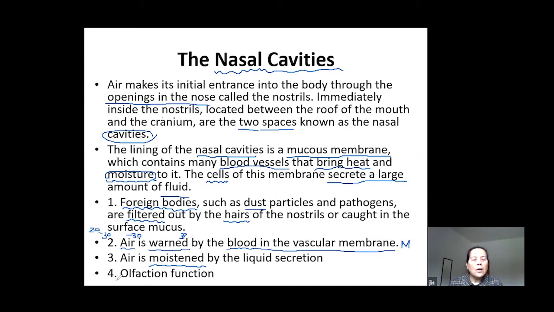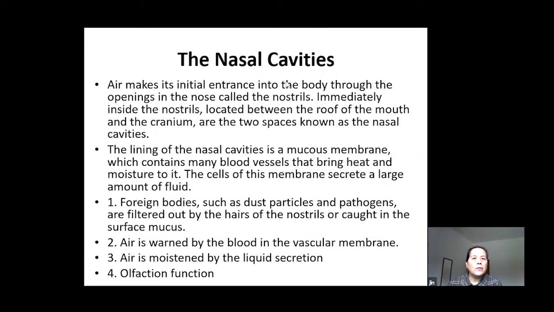And certainly our nose has another special function. People can smell because we have a special kind of cells in the nose cavity, and those special cells have the function of smelling. So those are the nose functions, or the nose cavity functions.